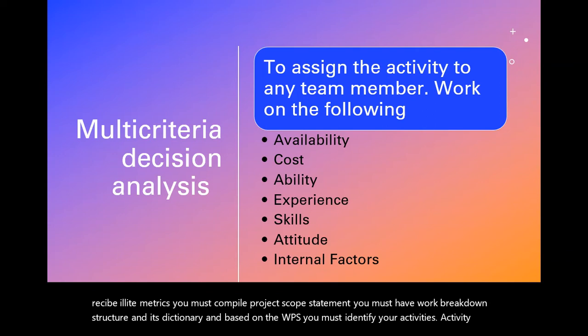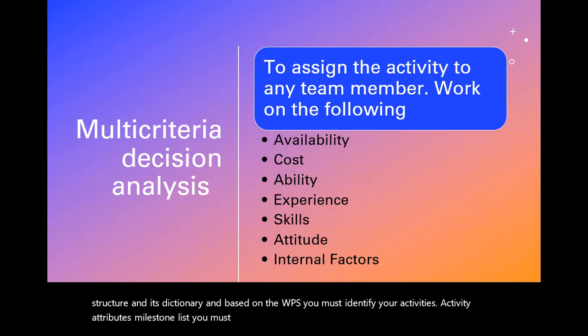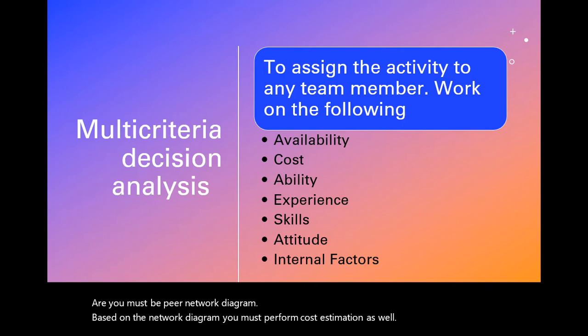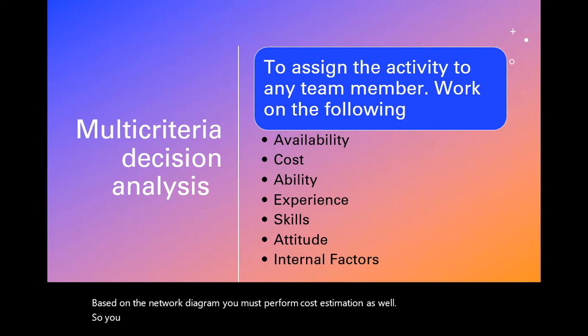You must prepare the network diagram, and based on it you must perform cost estimation as well. So you need cost baseline here as an input. After that you can start your work on acquiring project resources.